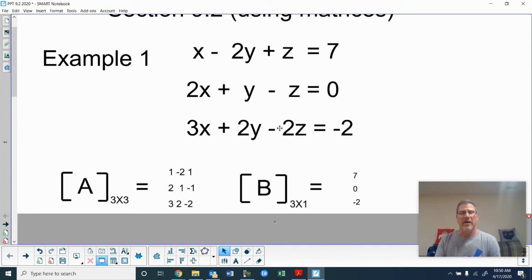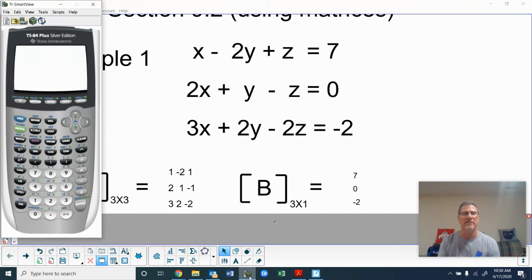I want to go through showing you on the calculator how to do this. So here's our calculator. I've got to turn it on. If you look at the fourth button down on the left side, you've got your second, your alpha, your math, and then this X inverse button. Right above it in blue, it says matrix.